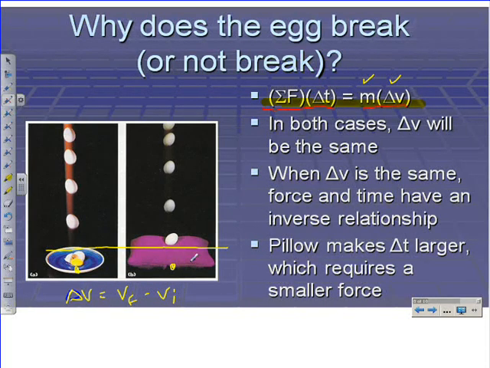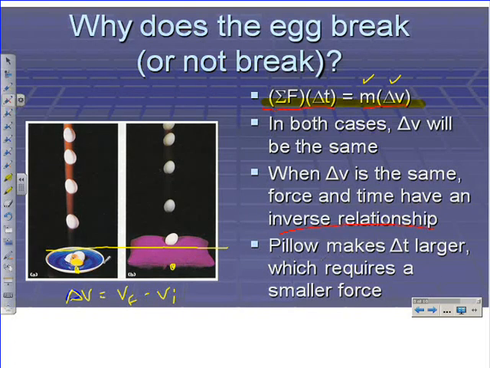In the case of the pillow, that egg hits the surface of the pillow and then the pillow cushions it. The whole time that pillow is cushioning, it's applying a force to the egg. So we're increasing the time over which that force is being applied. If time gets bigger, the force that needs to be applied would get smaller, an inverse relationship.